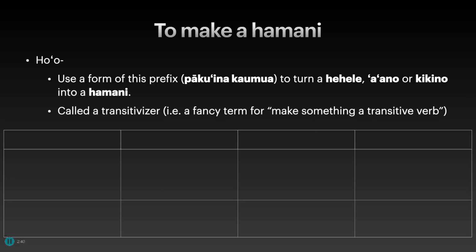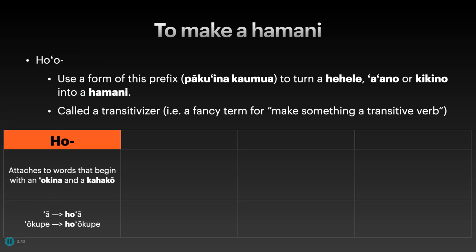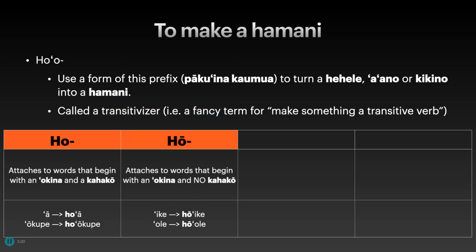For this particular sentence pattern, we need to remember the use of our prefix hoʻo, and we'll get into the reason why. Just as a quick review, we have four versions. We have hoʻ, which attaches to words that begin with an ʻokina and a kahakō. We have hoʻ, which attaches to words that begin with an ʻokina but no kahakō.